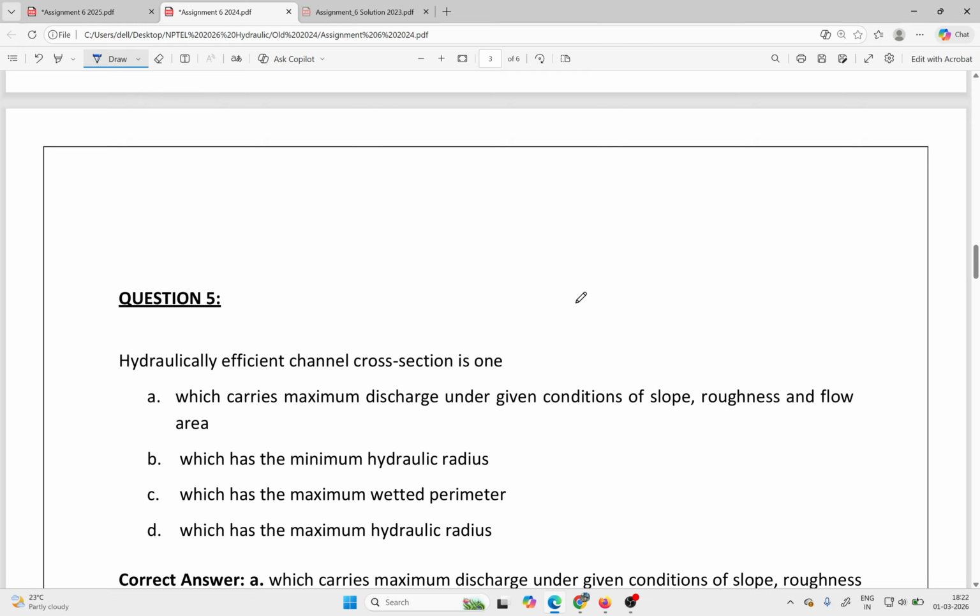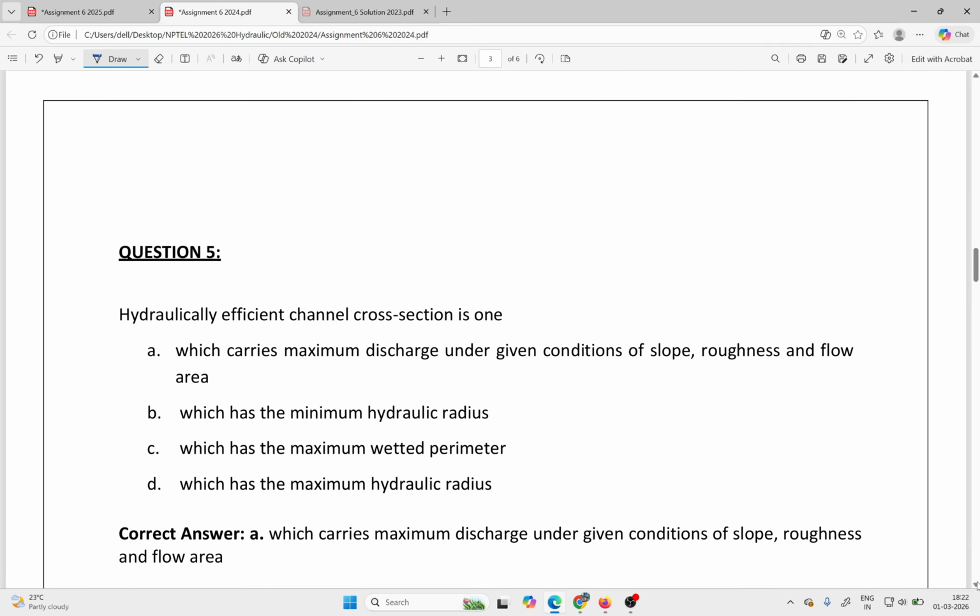Okay, so here the answer is visible. I'll just read and explain. Hydraulically efficient channel cross section is one, the question is about the hydraulically efficient channel. Let me first read the answer options.